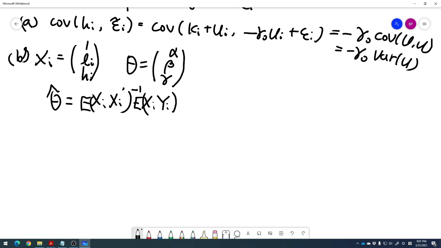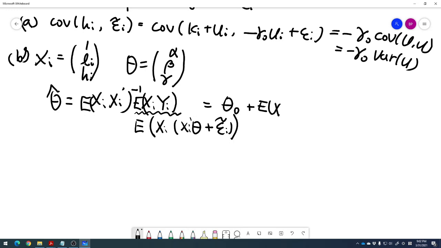It's fun to use this. So then, this part is easy. What you have to do here is expectation; Xi and Y can be written as Xi prime theta plus epsilon tilde. Therefore, you can have theta 0 plus expectation Xi prime inverse expectation Xi epsilon i tilde.